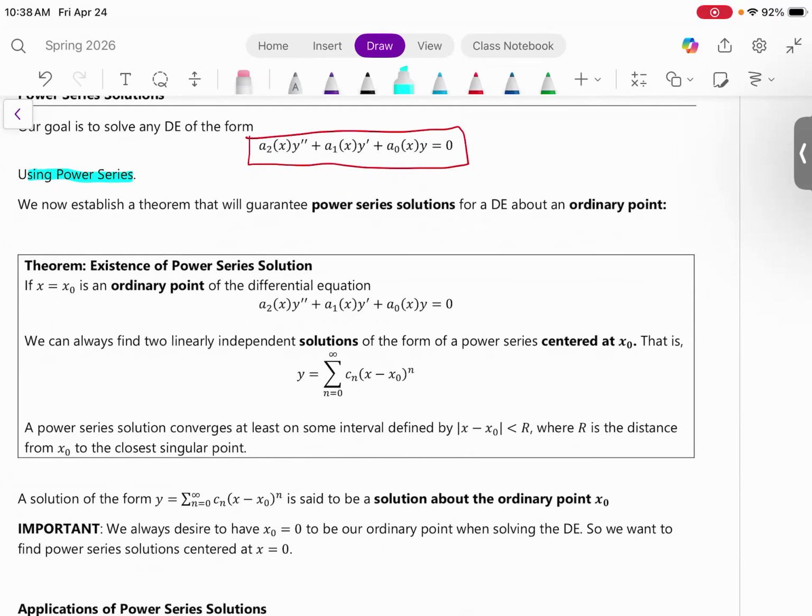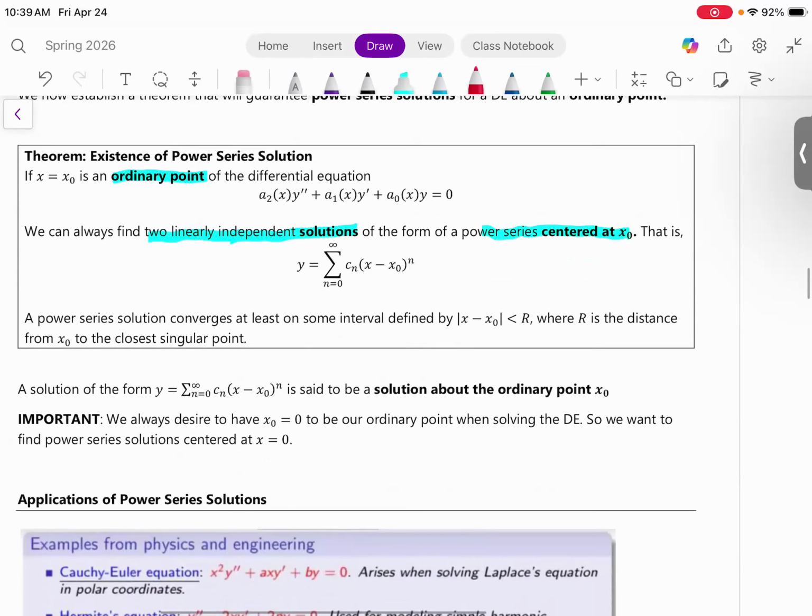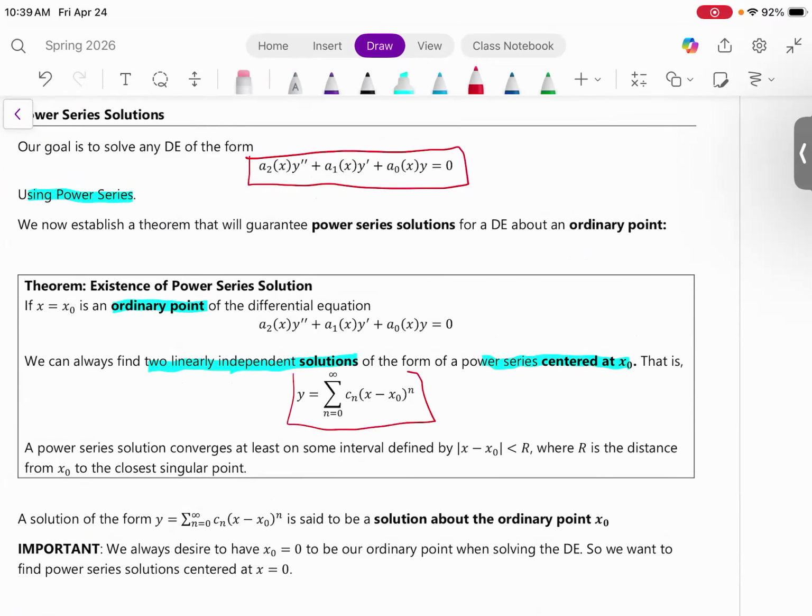If x naught is an ordinary point of the differential equation, a2 of x y double prime plus a1 of x y prime plus a naught of x times y equals 0, we can always find two solutions of the form of a power series centered at x naught. That is, we can find a solution of this form centered at x naught.